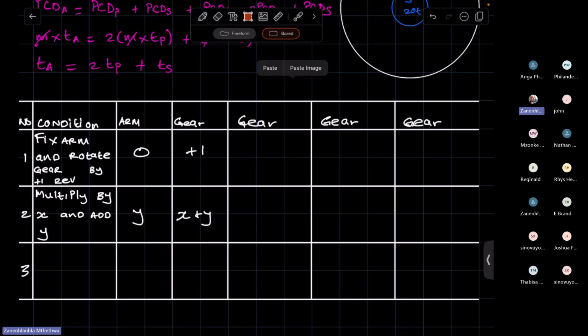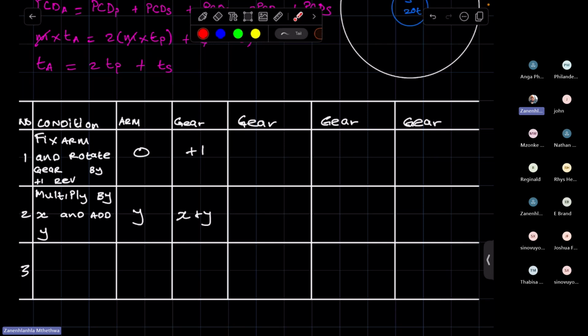So the first condition is you are going to fix the arm and rotate the annulus by 1 revolution clockwise. So we write this condition just like this here. You fix the arm, you write down what the arm has been labeled as, and you rotate the annulus by, now we use shorthand, by 1 revolution clockwise.